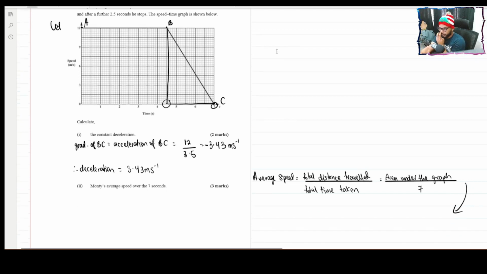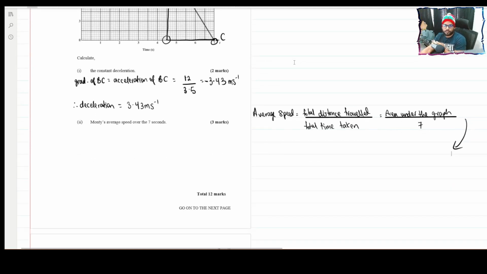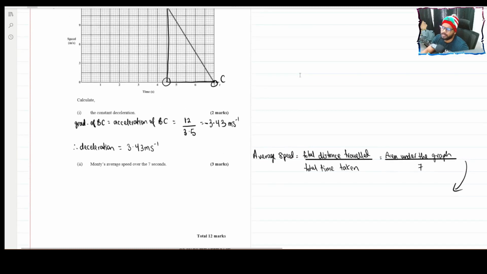So my arrows will guide me as to which part my next piece of working is going to be. Area underneath this graph is the area of the trapezium, which is 1/2 the sum of parallel sides multiplied by the perpendicular distance between them. And this is the formula for the area of a trapezium.